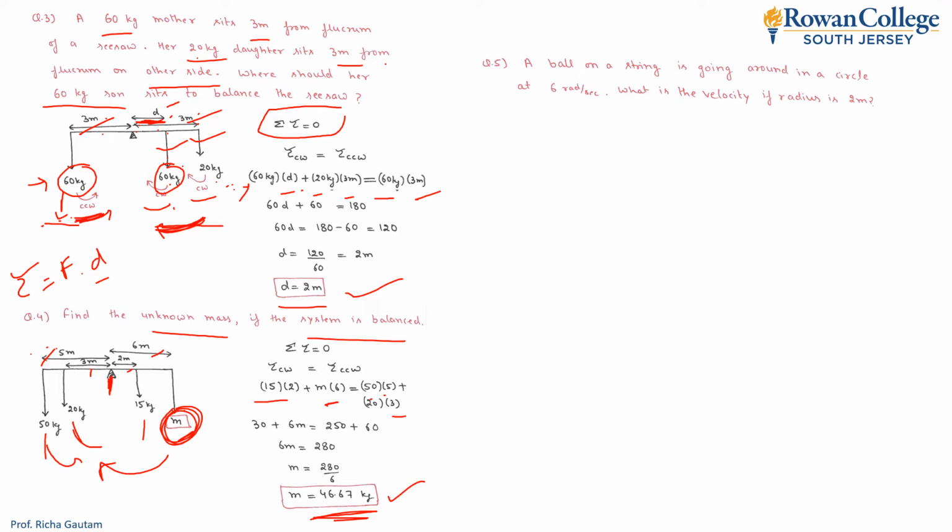So these four questions were basically about the moment of inertia, center of mass, and how to find the various unknowns by using the summation of torque equals zero equation. Now, in this whole rotational motion, we can apply all the formulas and equations that we have done in translational motion: initial velocity, final velocity, momentum equation, alpha, finding the acceleration.